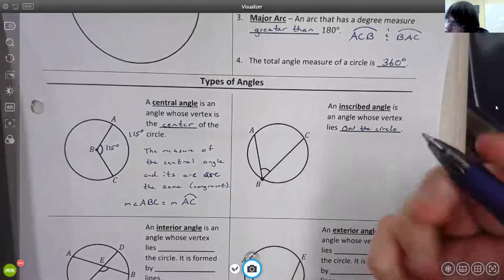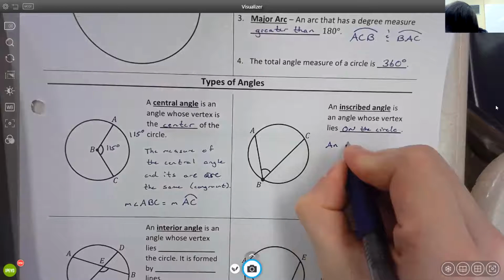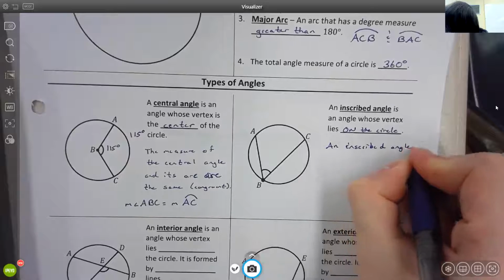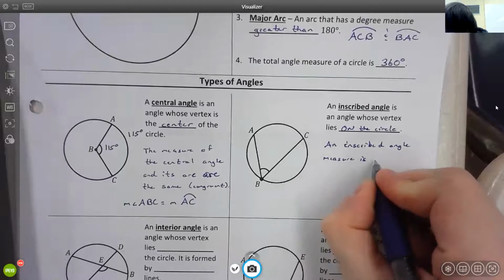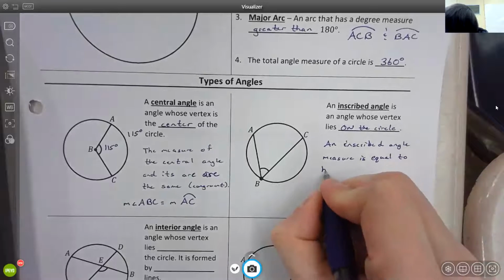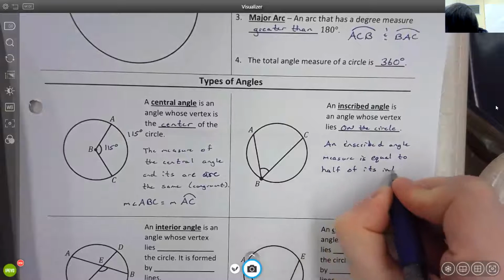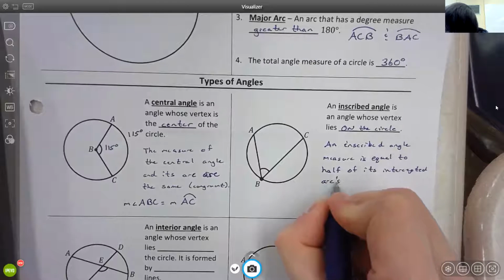So the important thing about an inscribed angle measure is that it is equal to half of its intercepted arc's measure.